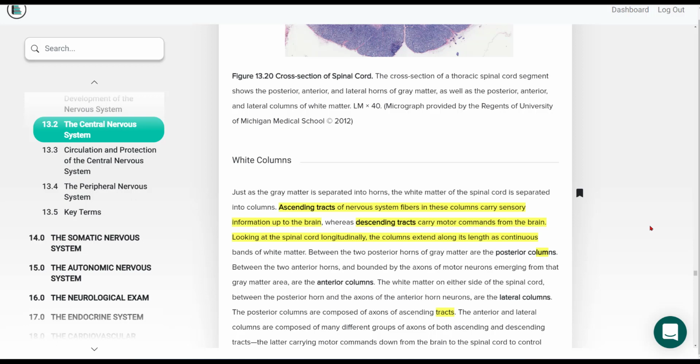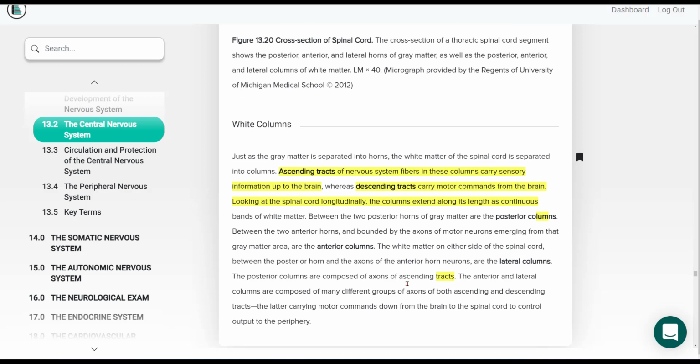Tell a muscle to move or tell a gland to secrete something. And we see that these areas, right, the posterior columns and the anterior columns are dividing up these different tracts. I'm not going to have you label those. Just know that the columns, right, the white matter, are carrying ascending and descending tracts of information.